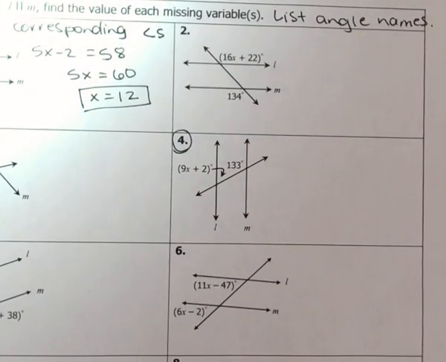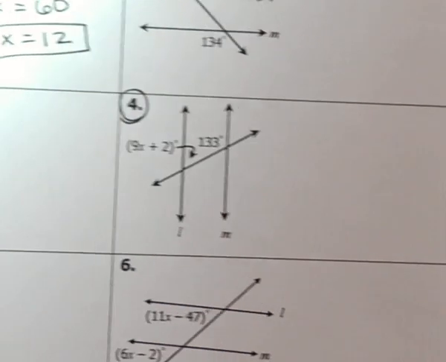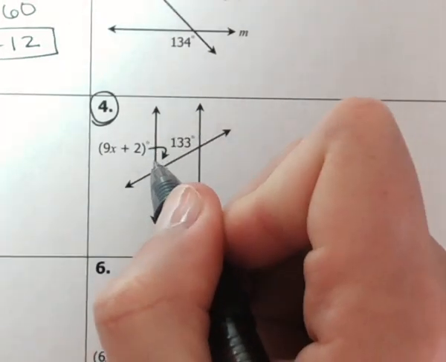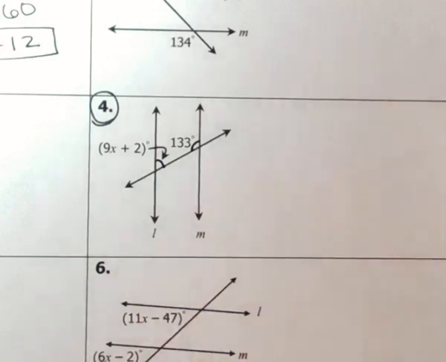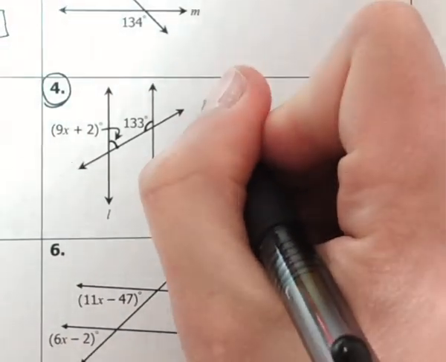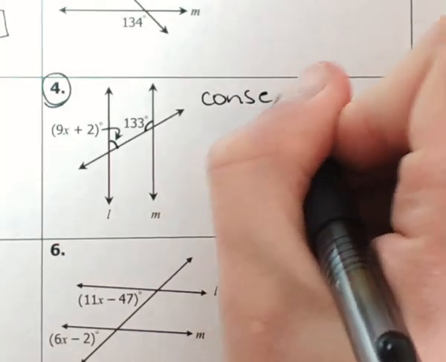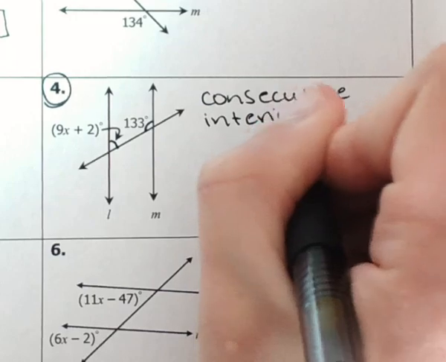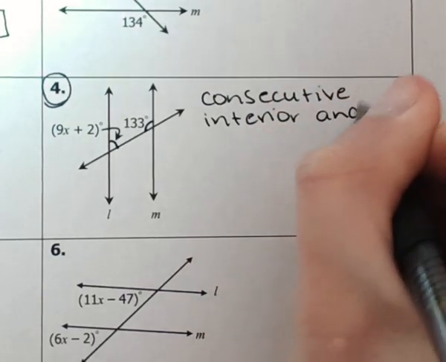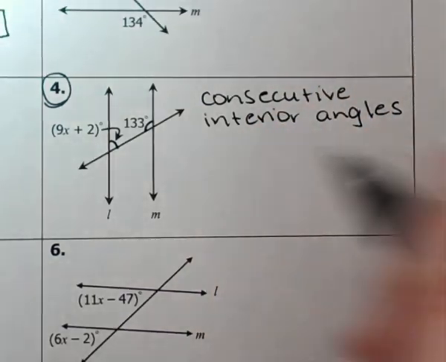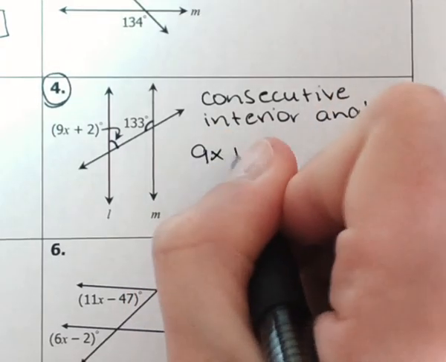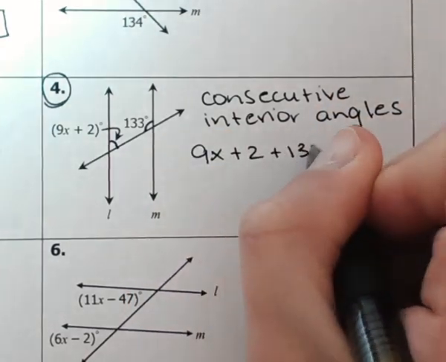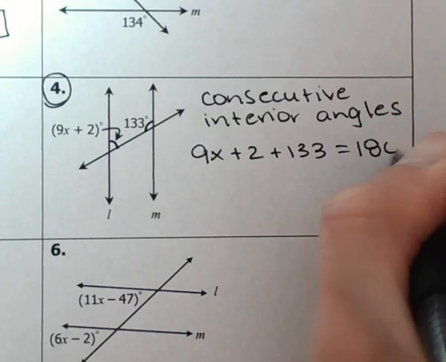Okay, let's jump to number 4. Number 4 is whenever they're right beside each other, they're called consecutive interior. We're talking about this angle and then 133 degrees. These are called consecutive interior or same side interior. So for those, they're supplementary, which means you add the two angles together and they equal 180 degrees.